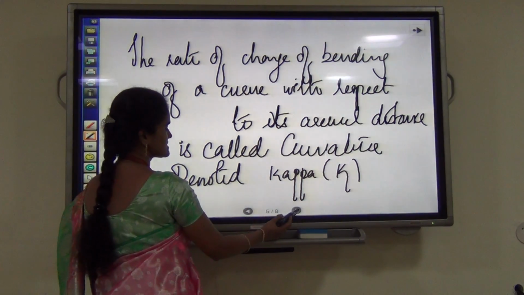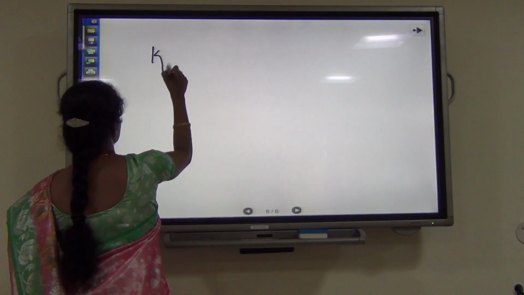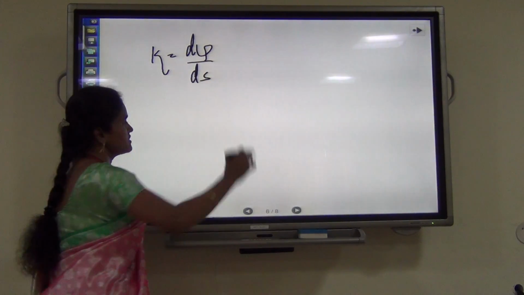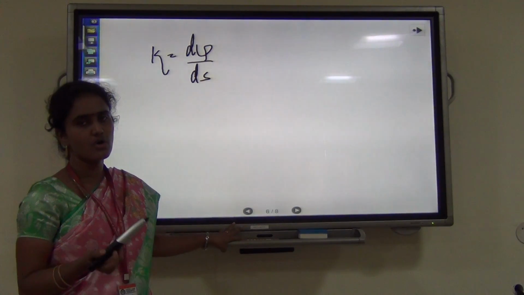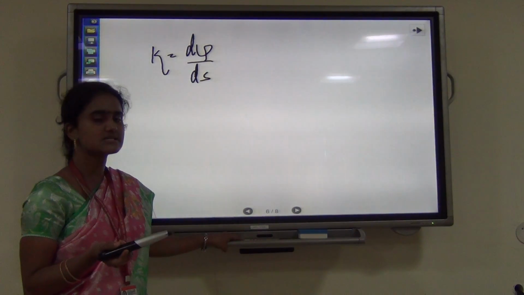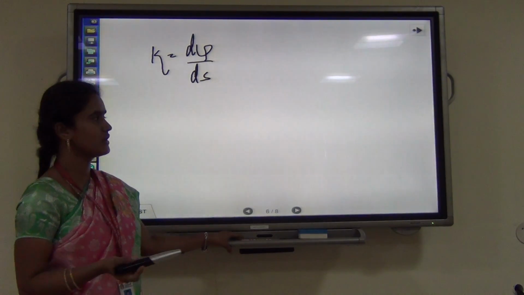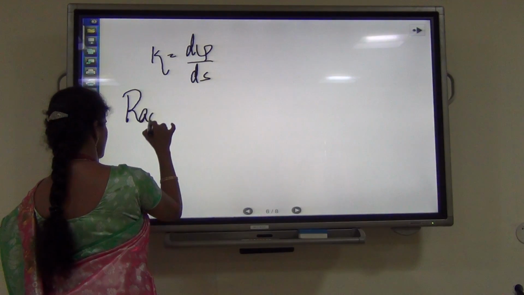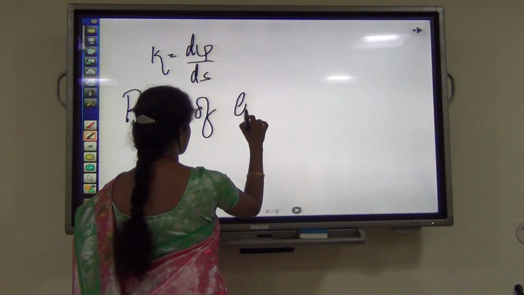So kappa is your d psi by ds, or in other words, the measure of the curvedness or the bentness of a curve is nothing but the curvature. Okay, so the curvature is over. Now we have defined the curvature. Let us define what the radius of curvature will be.